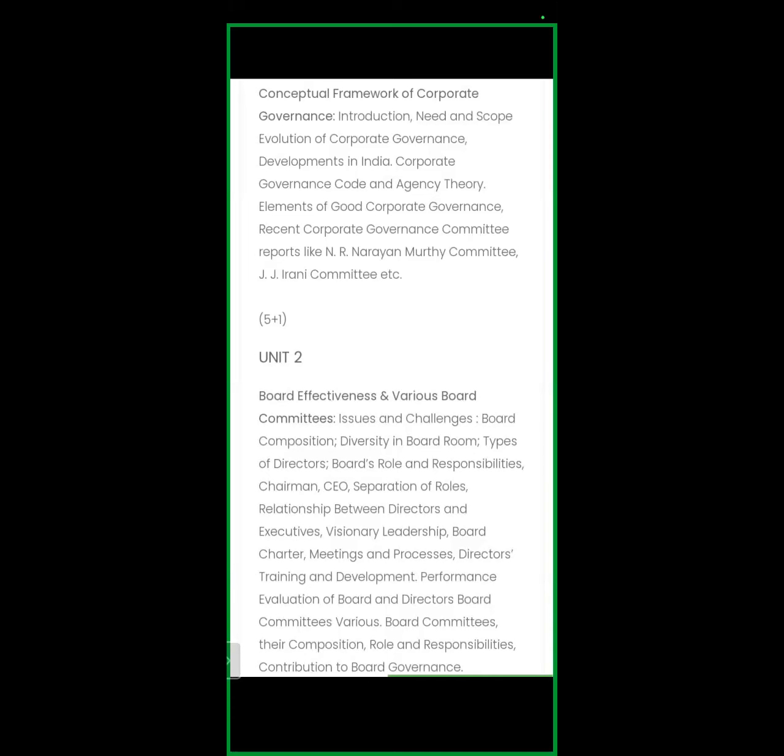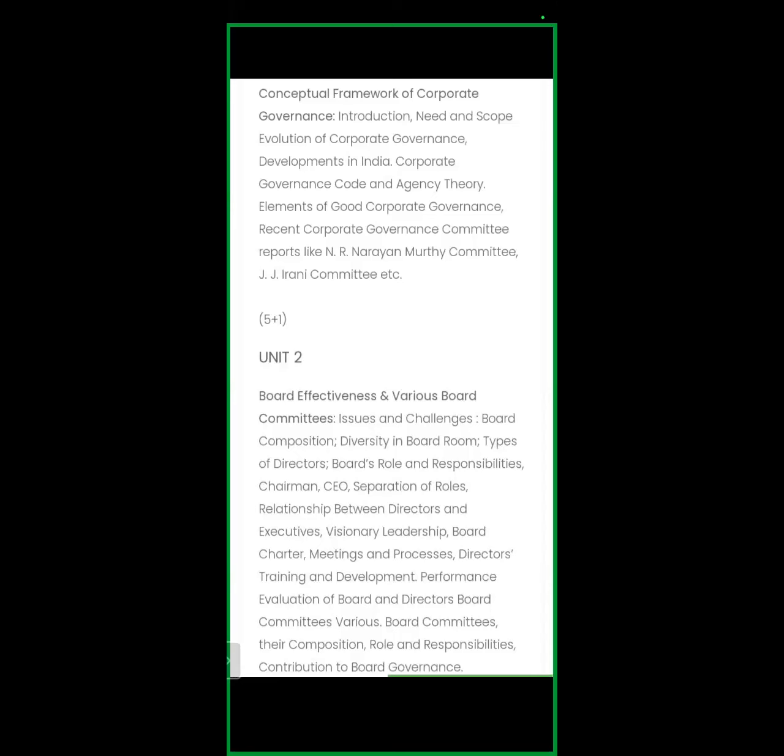What are those responsibilities? How many meetings are to be conducted by this board? When are the meetings to be convened? Who will be keeping the record of those meetings? All these things we will be discussing in unit number 3.